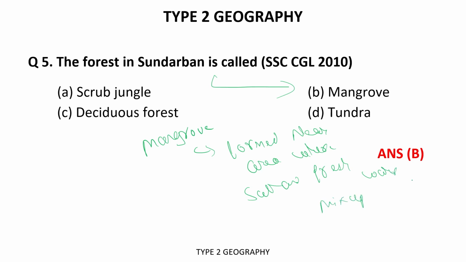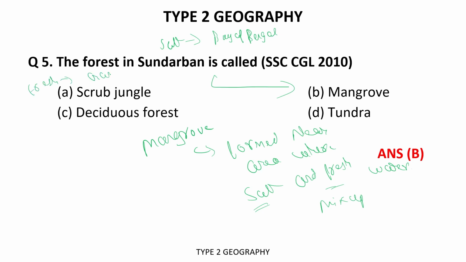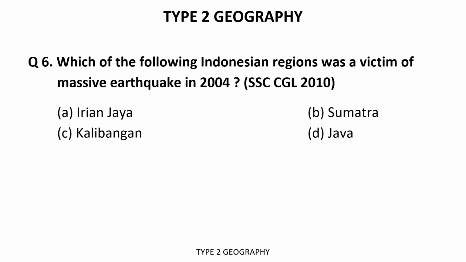Generally, mangrove forests form near areas where salt and fresh water get mixed. If we talk about West Bengal, it's a coastal state, and the salt water is provided by the Bay of Bengal. The fresh water is generally provided by the Ganga river and its tributaries. Now let's move to the next question.